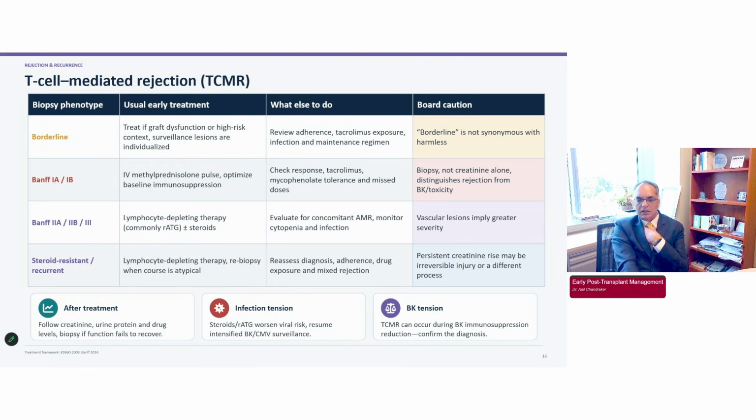If you have steroid resistance, people will reach for lymphocyte depleting therapy such as ATG. If a patient doesn't respond, the patient often gets a second course, or can be switched to alemtuzumab, which is what I do if they're not responding to the ATG.